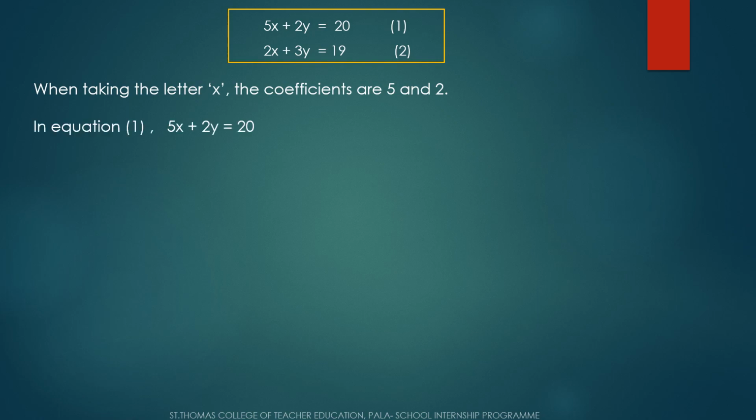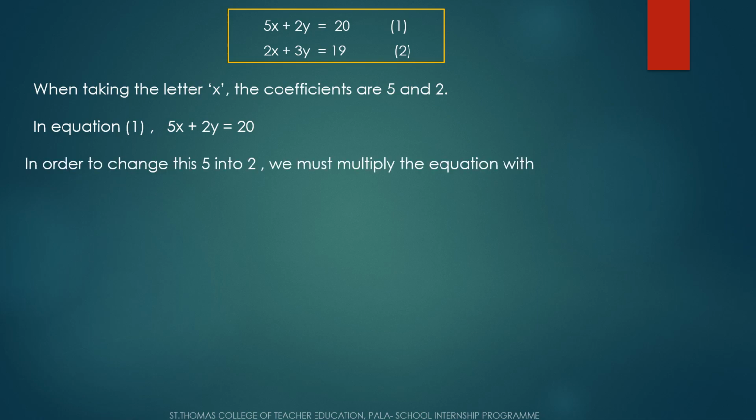So in equation 1, 5x plus 2y equal to 20, as you can see. In order to change the 5 into 2, with what number do you have to multiply? We have to cancel the 5 and get 2 there. So we must multiply by 2 by 5, isn't it?